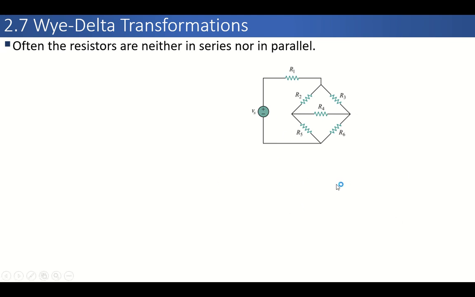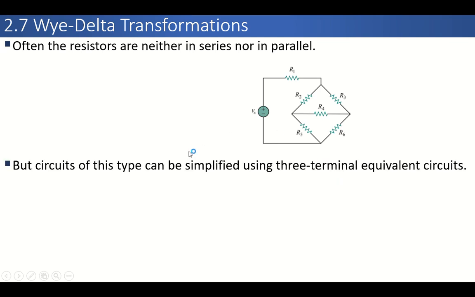Luckily, there is another technique that we can apply. Circuits of this type can be simplified using three-terminal equivalent circuits, converting one three-terminal circuit to another. In that case, we may be successful in finding the total resistance between two terminals.